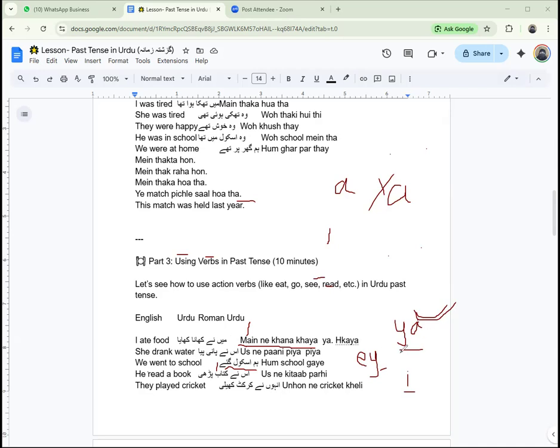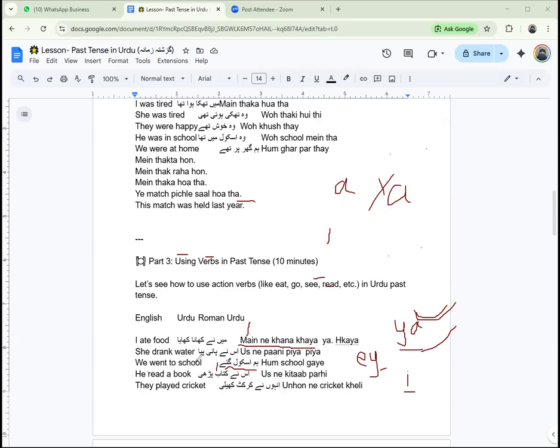So in every sentence, we end on ya, the ya action verb. That would be खाया, पिया, लिया, दिया. मैंने पानी पिया. उसने पानी पिया. हमने पानी पिया. उन सब ने पानी पिया.